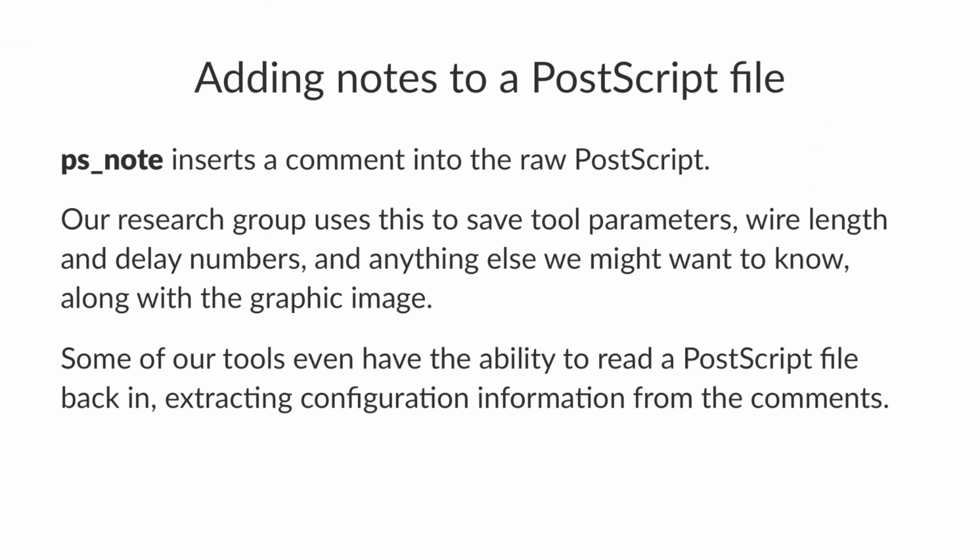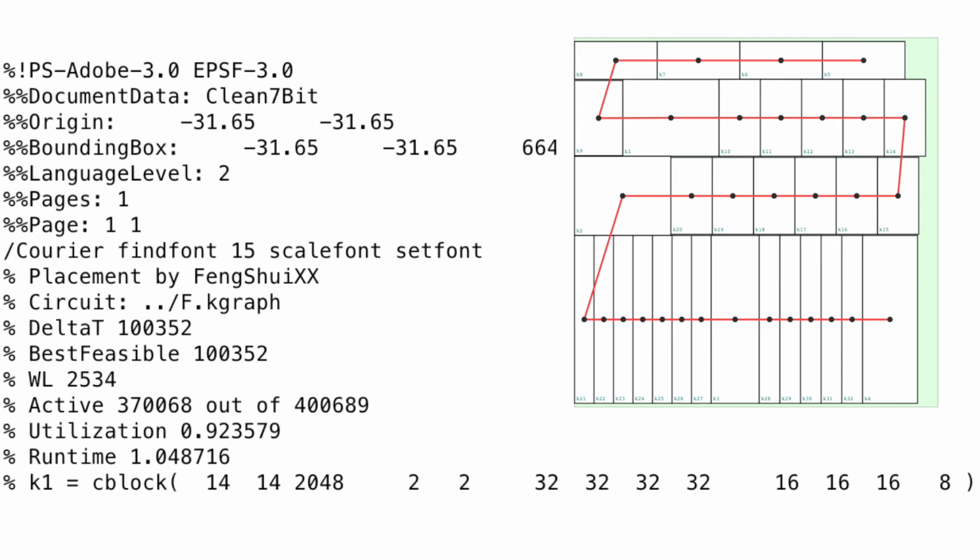One very useful thing to note: it's possible to add text comments to the PostScript file, and we've got PSNote to do that. Often we'll include details of tool parameters and other information, and it's all human readable within the PostScript. This way we can scan the images visually, and if something catches the eye and we want to take a closer look, we can go directly look at the PostScript source and figure out what was going on when an image was made.